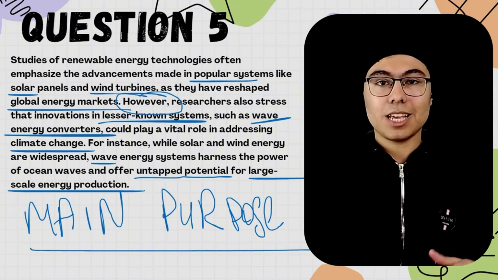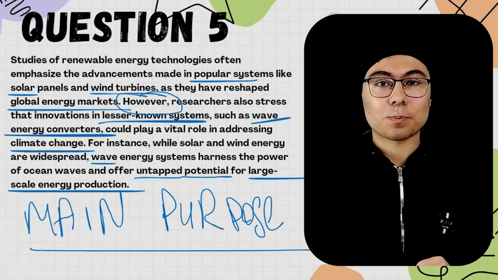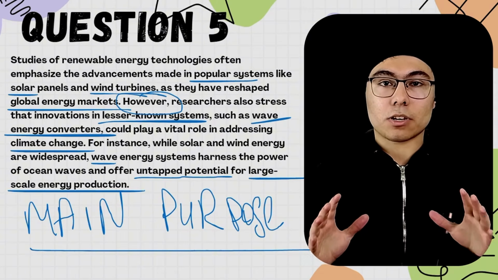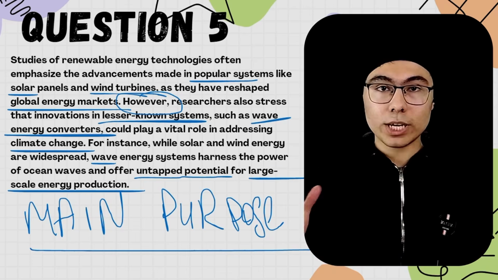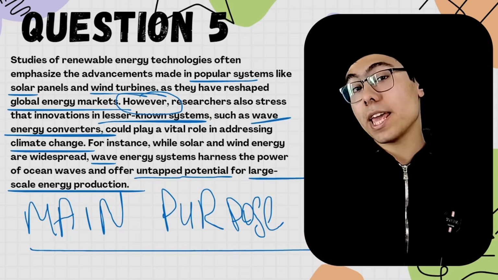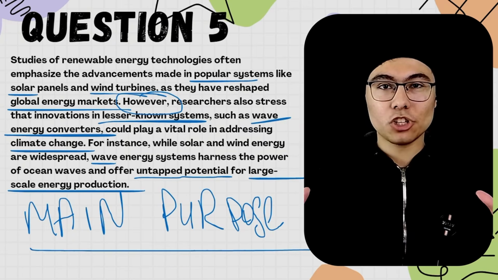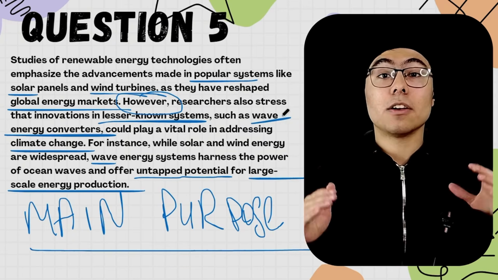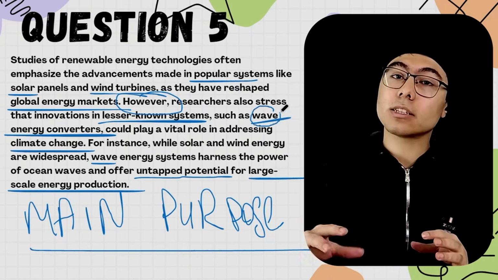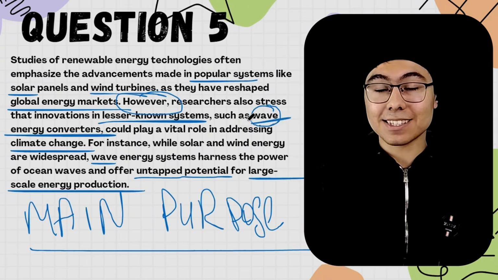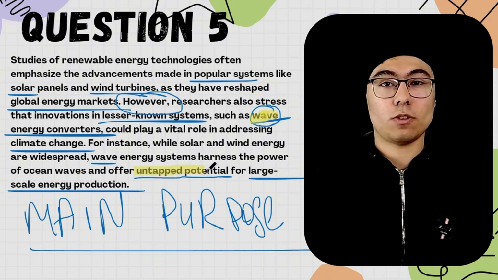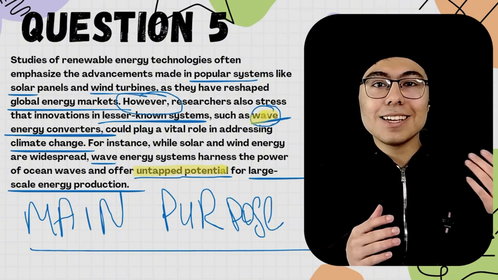All right, so let's break this down. The first part is solar and wind energy. They're already famous. They are the celebrities of renewable energy. And the second part talks about wave energy, the underrated underdog. But scientists think it could be huge. The author isn't listing some problems.